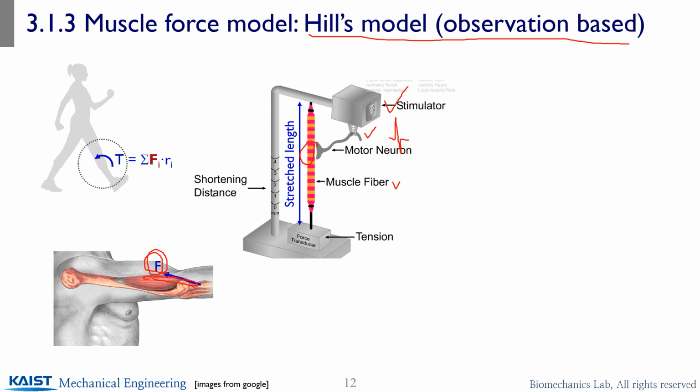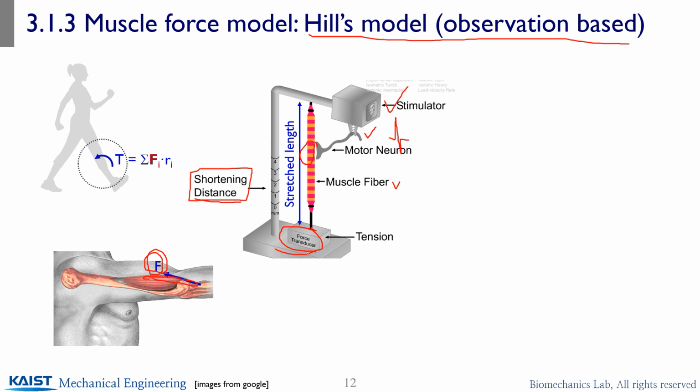Those shortening lengths are measured to examine the length and force relationship, and the force generated is measured by the force transducer here. By applying various activation electrical signals, you can make a graph as a function of the shortening length and the applied forces.